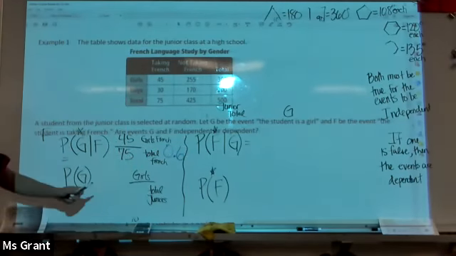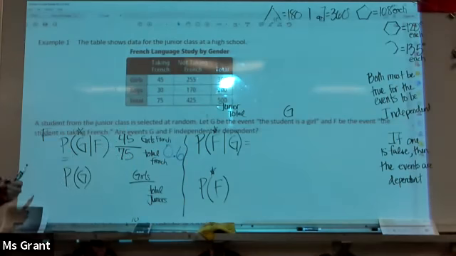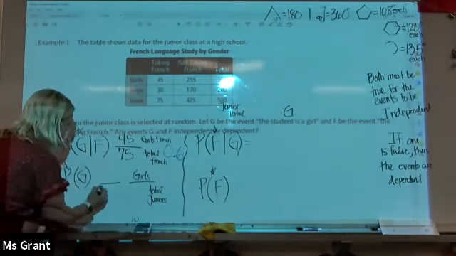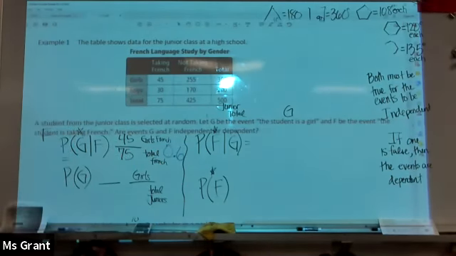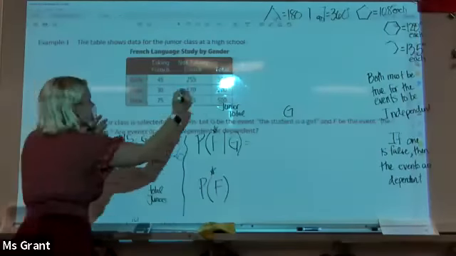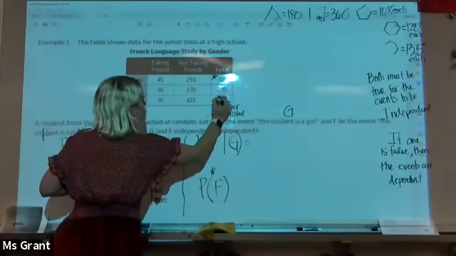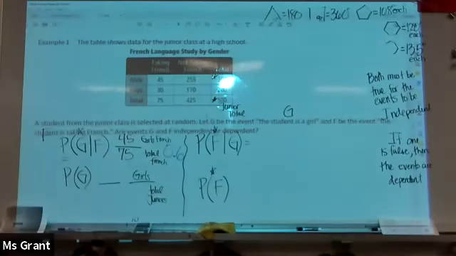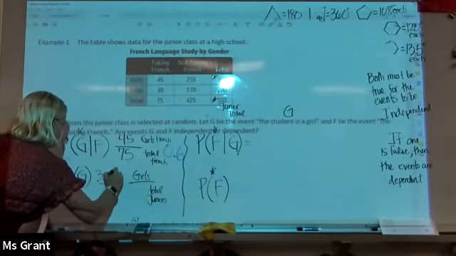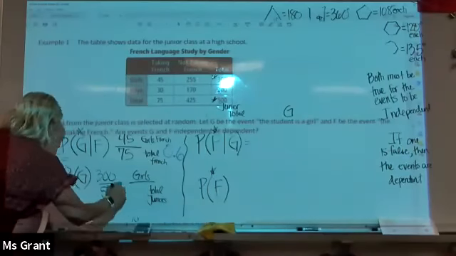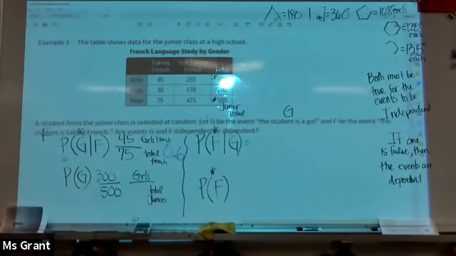I want these fractions to be equal. The second fraction says just the girls and then the total juniors, G. Just the girls, 300, and the total juniors, 300 divided by 500. Divide that. Someone on Zoom, tell me.